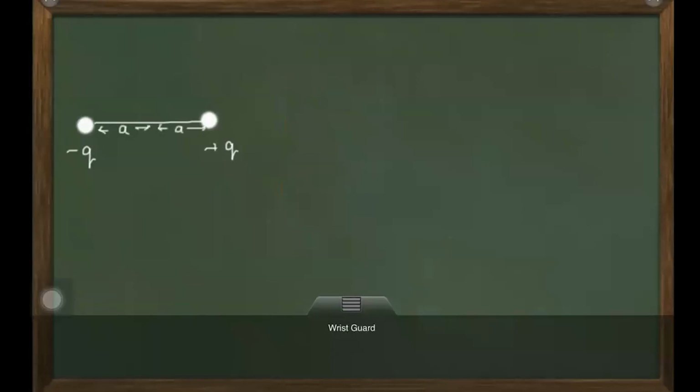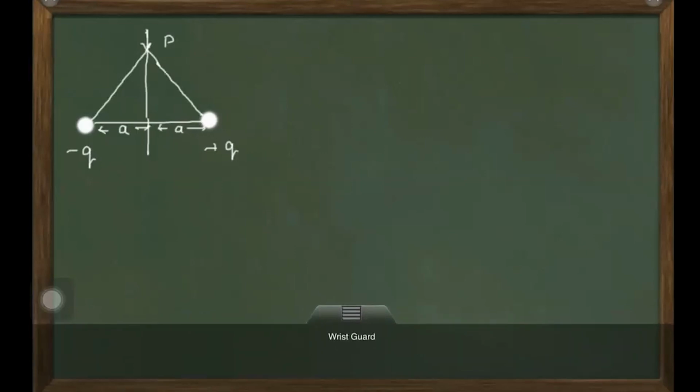Now we have to draw a dipole, sorry, equatorial line. So I'm going to draw it. This is equatorial line, and I'm going to take a point here, point P. Now we are joining the two charges to the point P, and then at point P, again we can say that there will be two source charges.